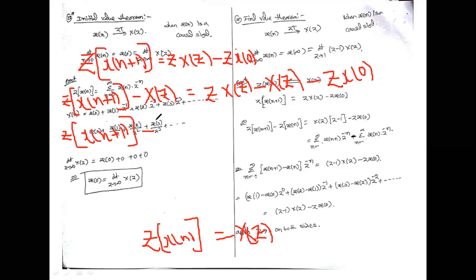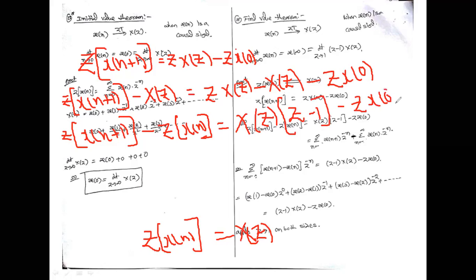I'm writing this X(z) as the z transformation of x(n), is equal to, take the common X(z). What is the multiplication factor here? z minus 1, minus z x(0). Got it, my students?